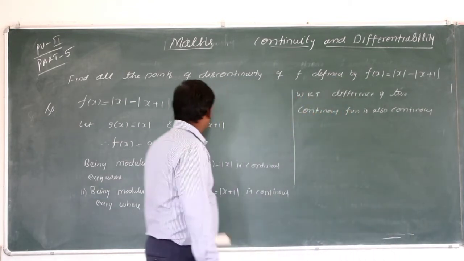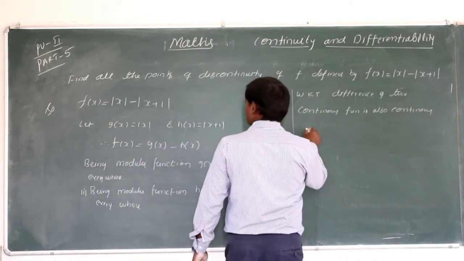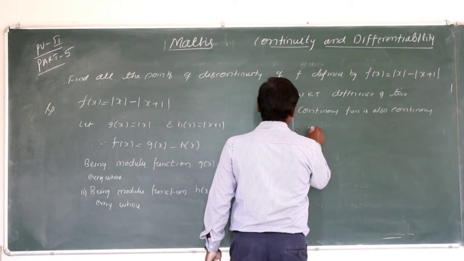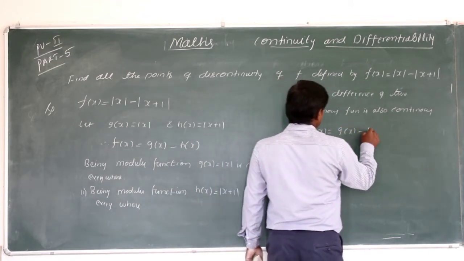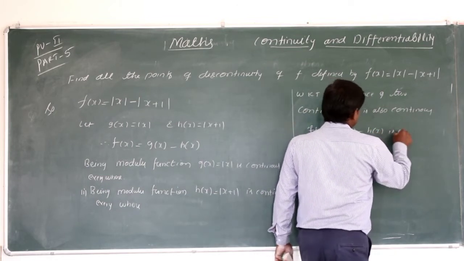Therefore f of x is equal to g of x minus h of x is continuous.